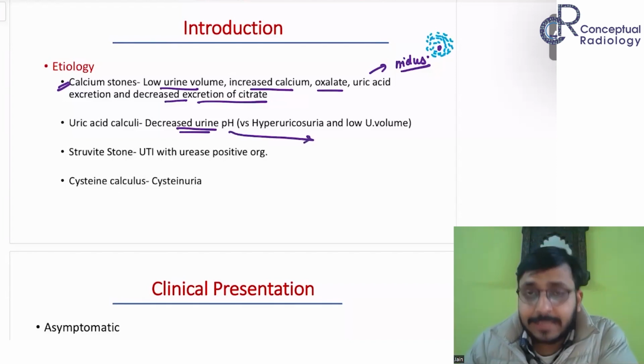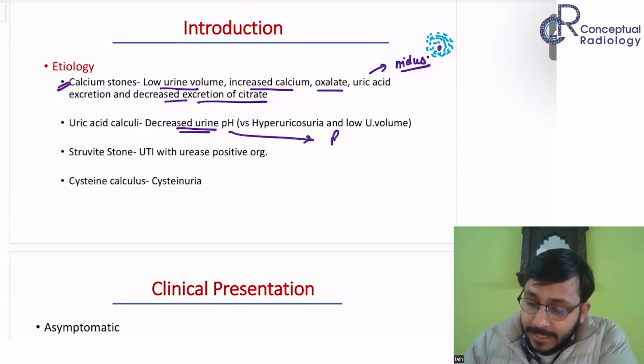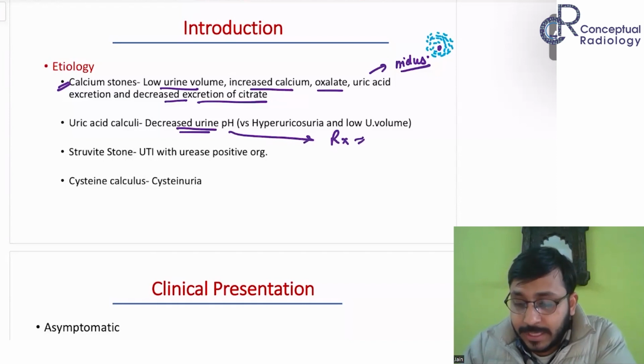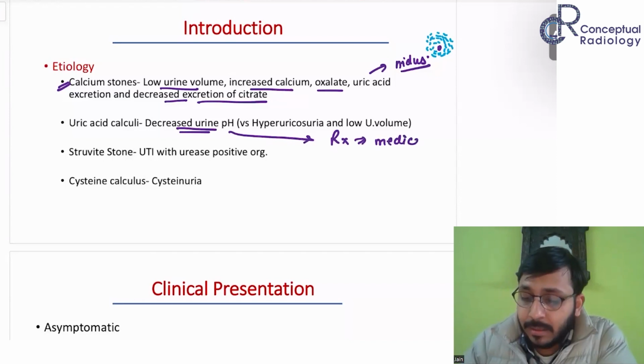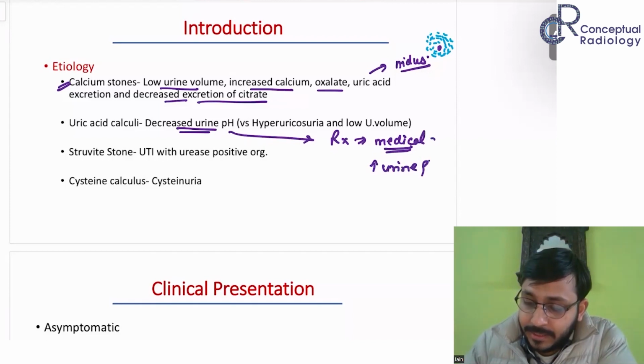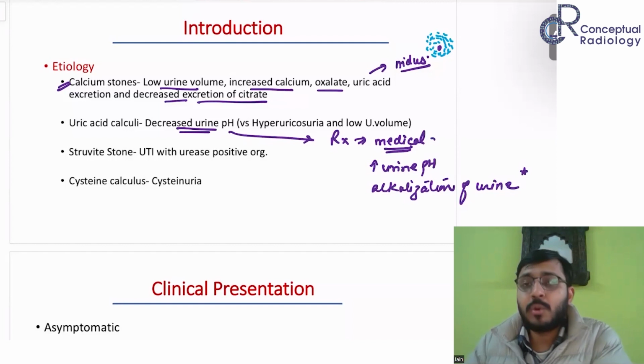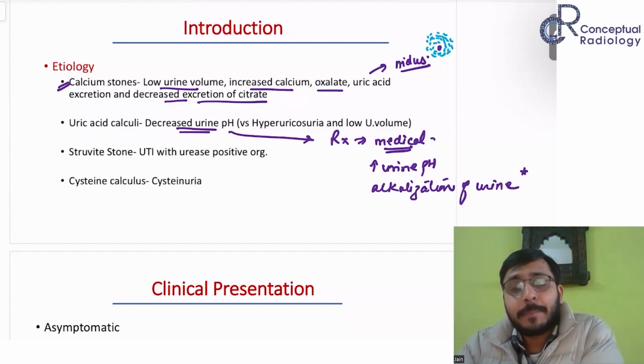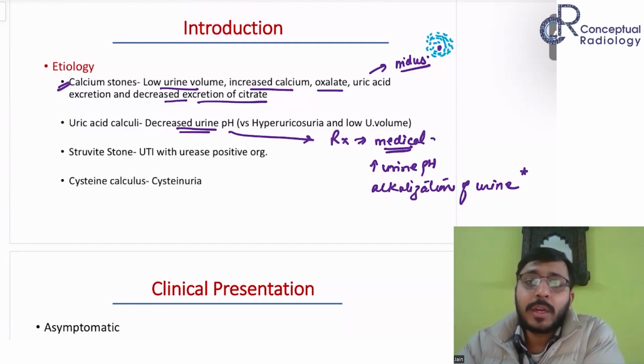Hence, in later slides, we'll talk about how the management of uric acid stones is predominantly medical. You increase the urine pH. It is known as alkalization of urine.